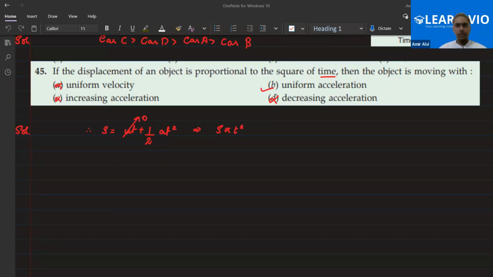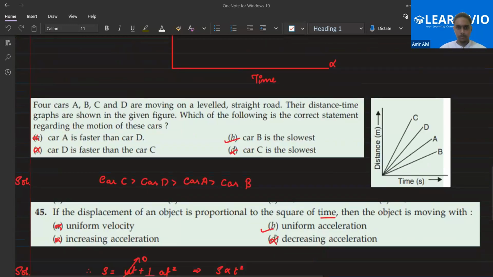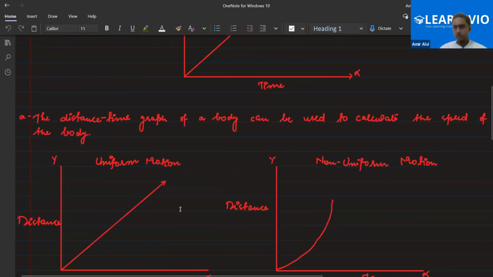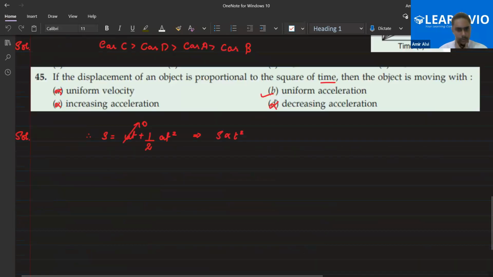So let's do some numerical based distance time graph. Okay, so let me check if it's there in the question.